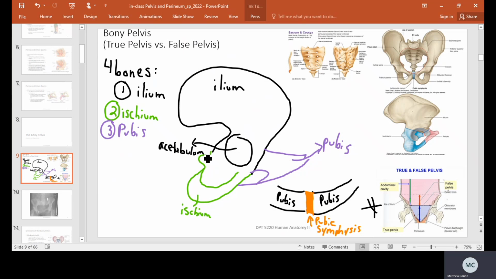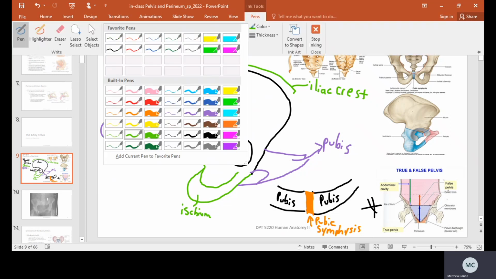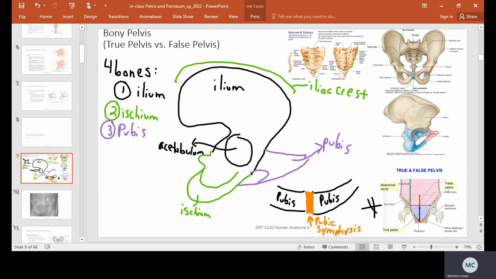Other pieces and parts that I'm going to see here, at the very top, this one's pretty easy. This is going to be my iliac crest. And then I'm going to have two rather large and really super important notches. I'm going to have something called the greater sciatic notch.